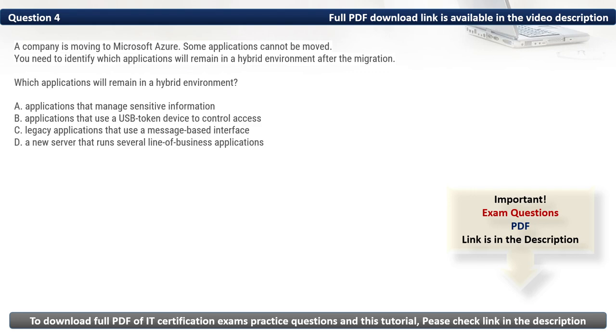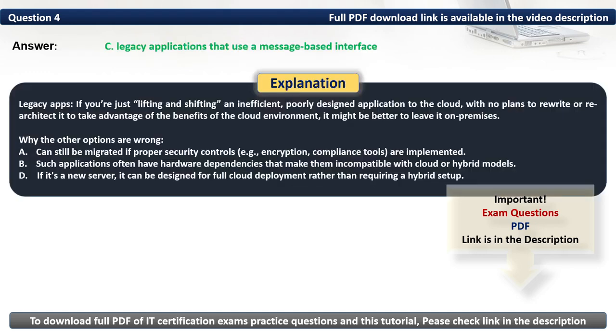Then we have D, a new server that runs several line of business applications. If it is a new server, it can be designed for full cloud deployment rather than requiring a hybrid setup. As such, the applications that will remain in a hybrid environment are legacy applications that use a message-based interface. Thus, the correct option is C.